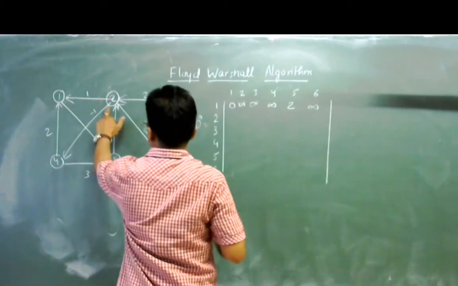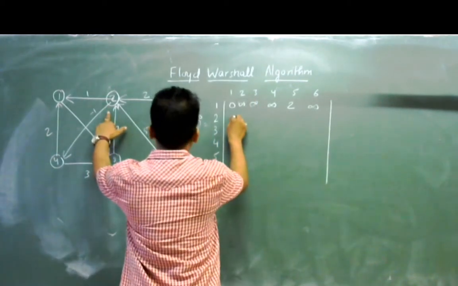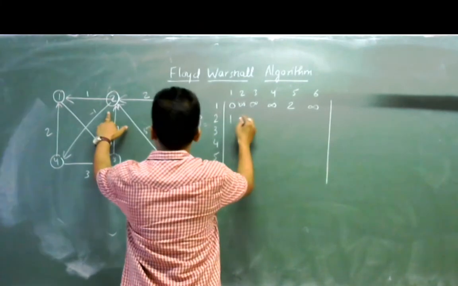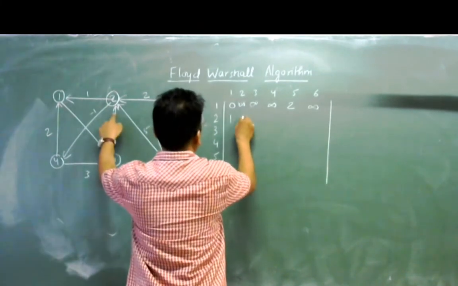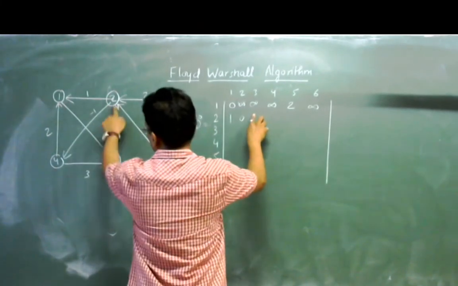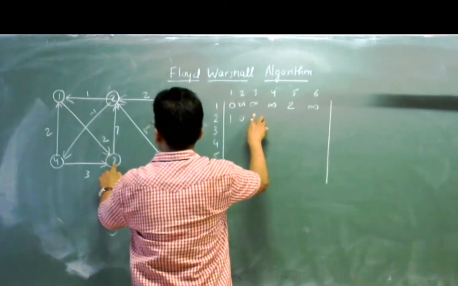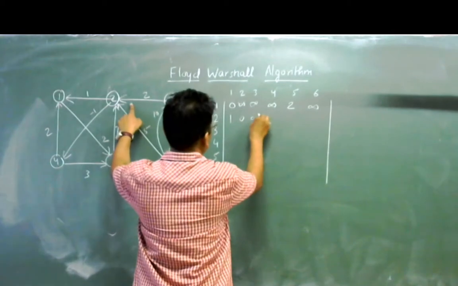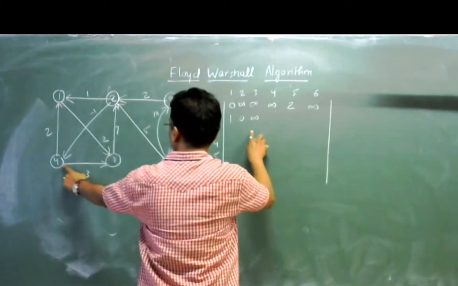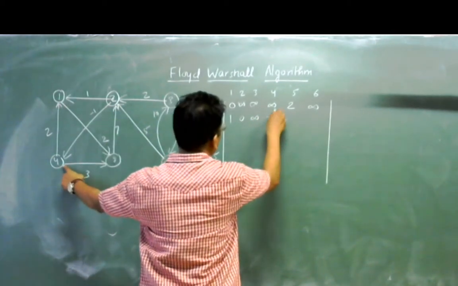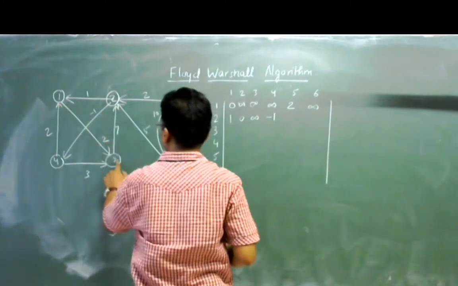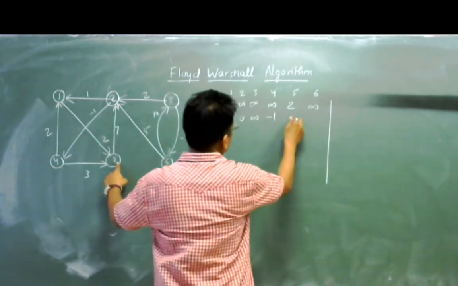After that, for node number 2, the 1 is at distance 1, 2 is at 0, and node number 3 is not connected, so it is infinity. Node number 4 is at distance -1. Node number 5 is not directly connected, so infinity.